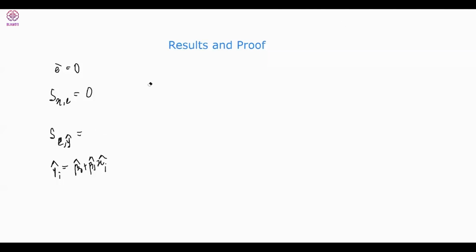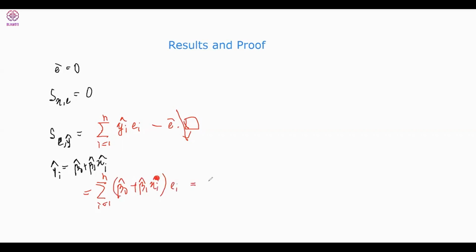It's 1 by n times the summation from 1 to n of yi hat times ei minus e bar. Let's not go into that mean, because it is already 0; we know e bar is 0. So it's equal to the summation from 1 to n of beta naught hat plus beta 1 hat xi, into ei.